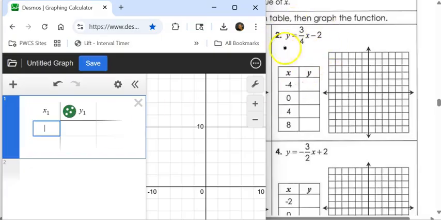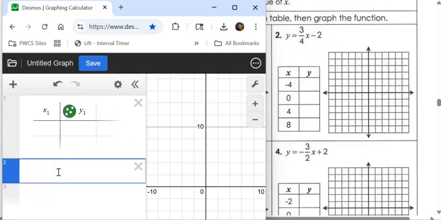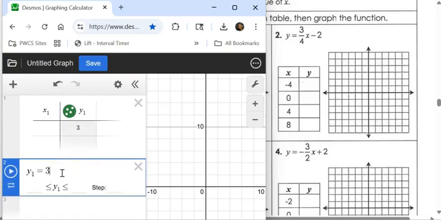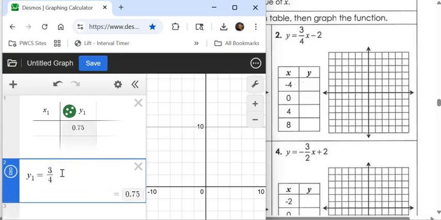So I'm going to type my equation in, but instead of just y and x, I'm going to type y1 and x1 so that Desmos knows I want it to put it in the table. If I just type y1, it automatically pops it down into that little subscript. I don't have to do anything special. So y1 equals 3/4, and then x1 and then -2. All I did was type this equation in with y1 and x1 instead of just y and x.